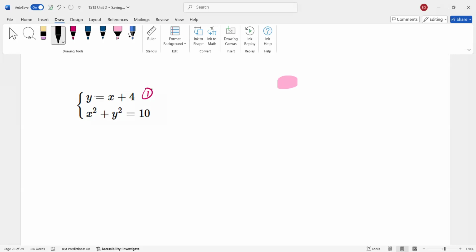So we can use x plus 4 to substitute y in equation 2. Then we can get rid of variable y. Since in equation 1, y equals x plus 4, variable y is already given in terms of x, substitution method would apply to solve the system.